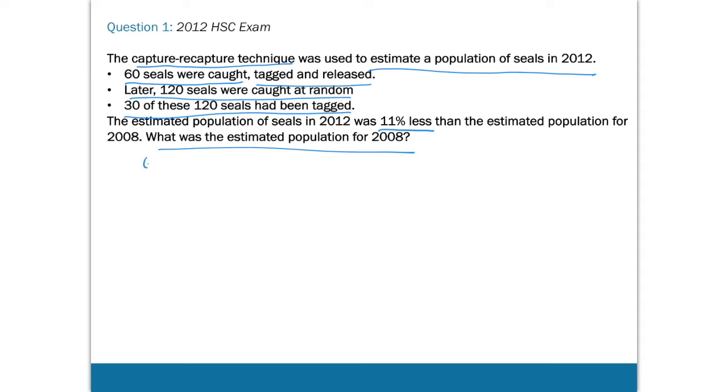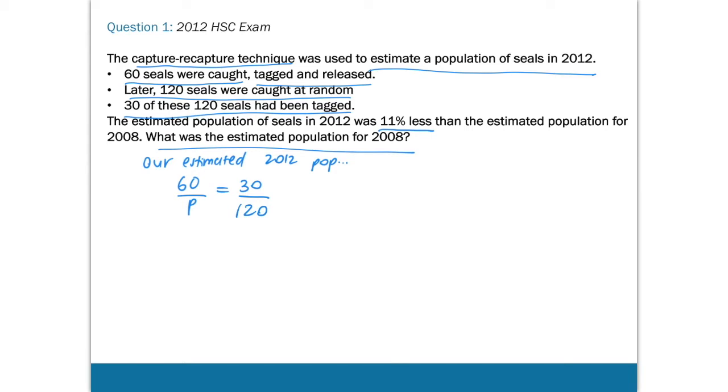So our estimated 2012 population was, we go the number of seals captured in the first capture over P and put that equal to the number recaptured from the first capture over the number captured in the second sample. So that was 120. So we just solve for P here.